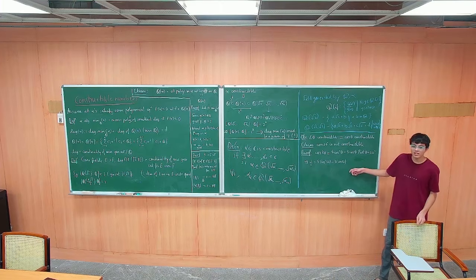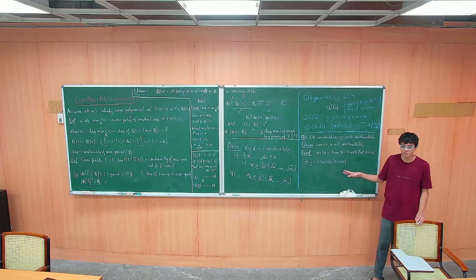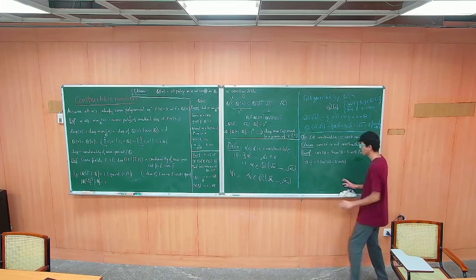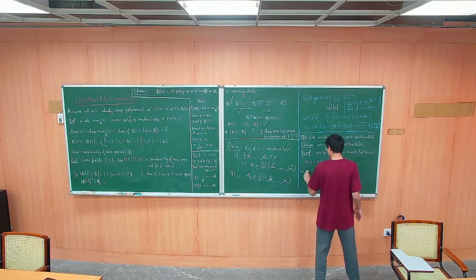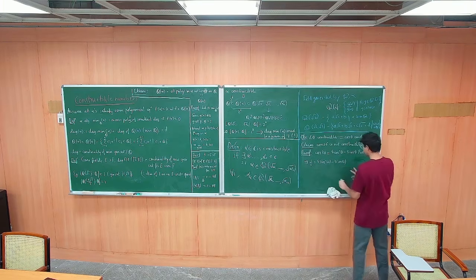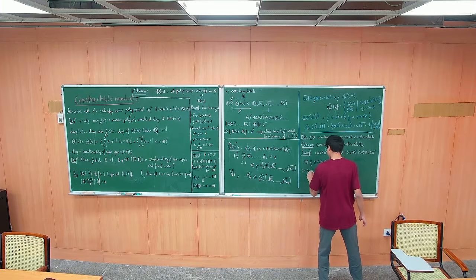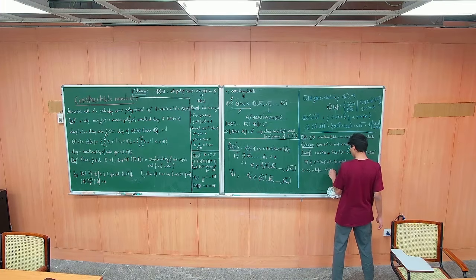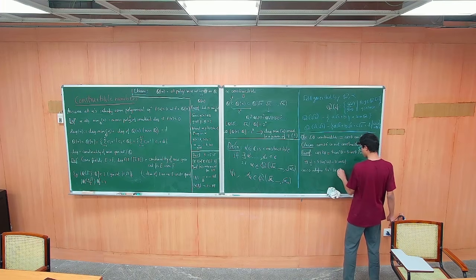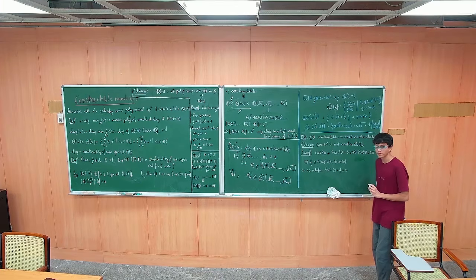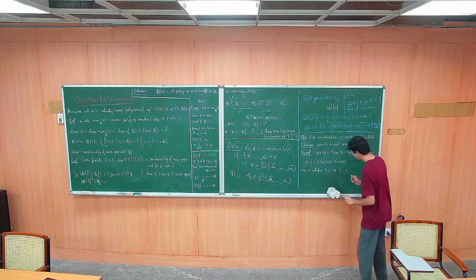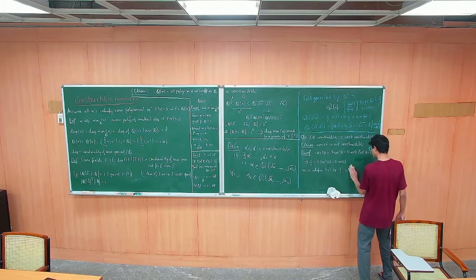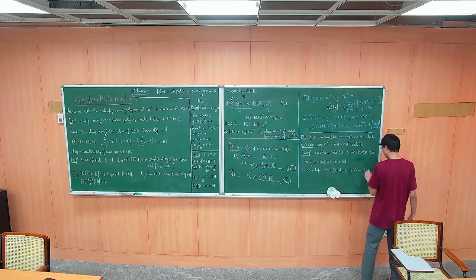So cos 20 satisfies a polynomial equation with coefficients in Q. Satisfies what? 4x cube minus 3x minus half is equal to 0. Right? Which is the same as 8x cube minus 6x minus 1 is equal to 0.